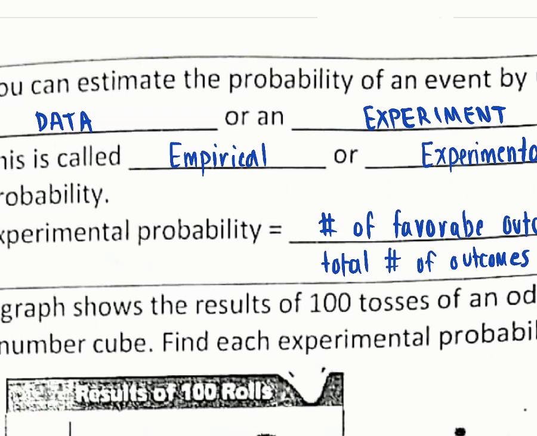So that's it. It's done really the same as theoretical probability. It's just you're basing your information not on theory, but on already accumulated data or an experiment that is done.